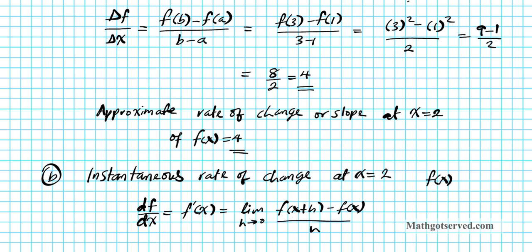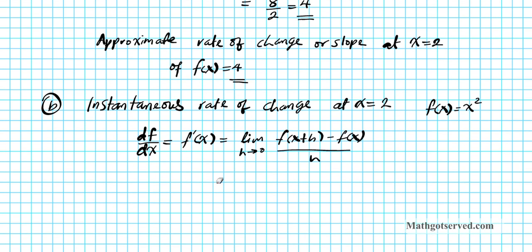In this problem, we know that f of x is equal to x squared. So inputting f of x, this becomes the limit as h approaches 0 of x plus h squared minus x squared over h.